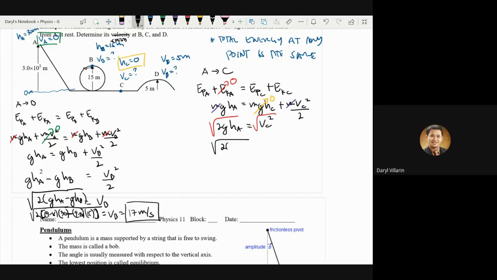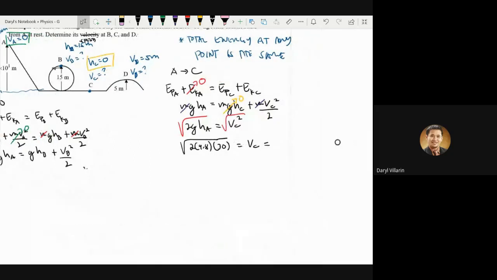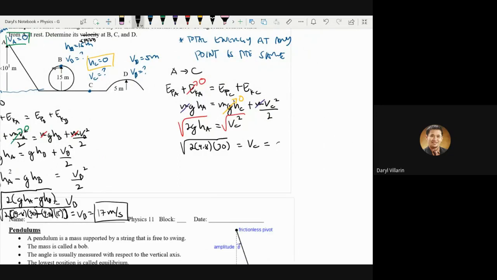So VC is equal to the square root of 2 times 9.8 times HA, HA is 30. That should give me 24 meters per second, okay?